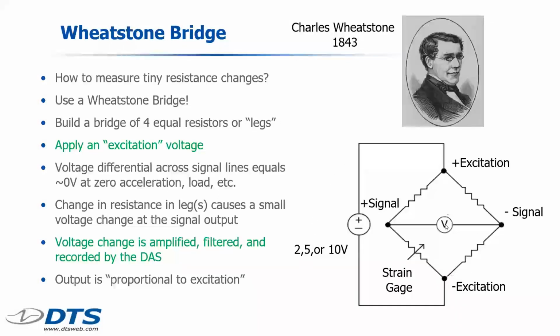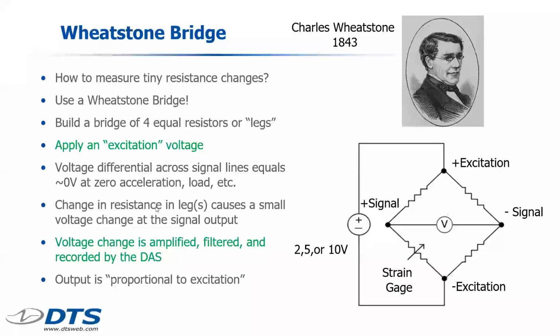And then if we put a very sensitive voltmeter between the plus and minus signal, and let's say that one of those resistive elements is now a strain gauge, the tiny resistance changes in the gauge are going to make a measurable voltage between the plus and minus signal. So the key thing here is that the data acquisition system must apply the excitation voltage to the sensor or the bridge.